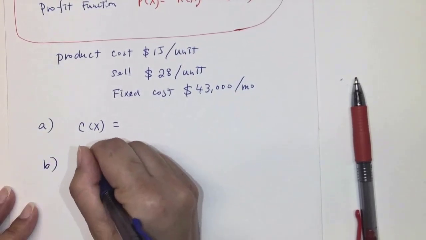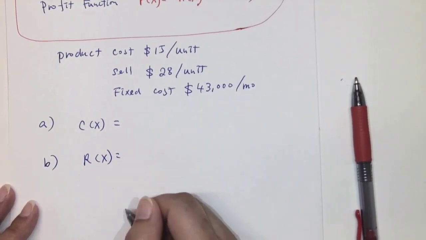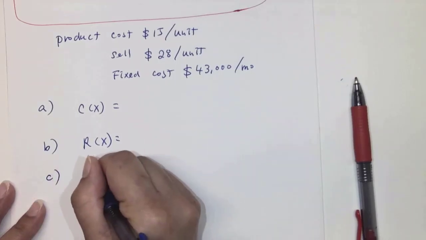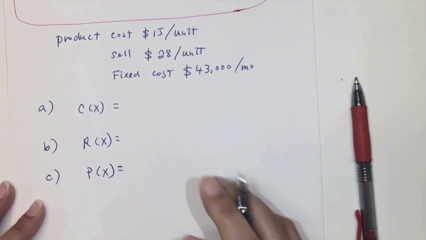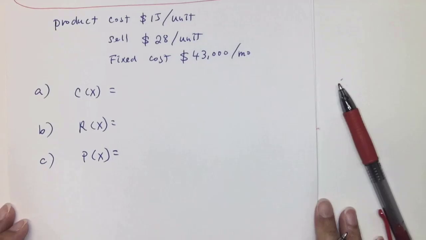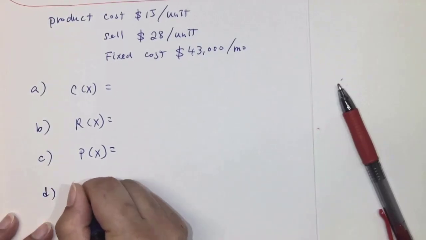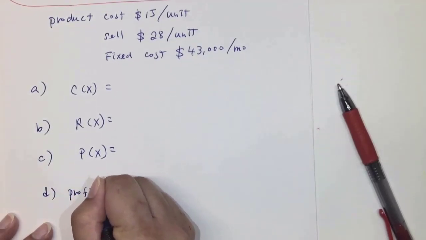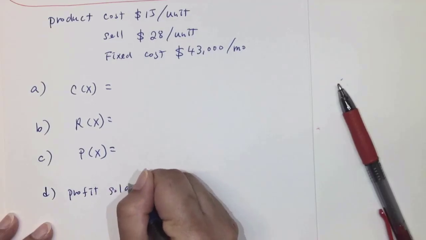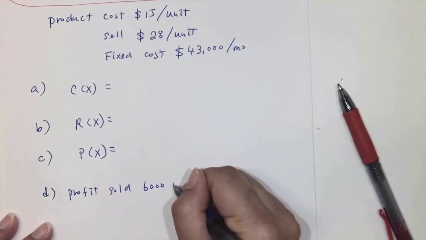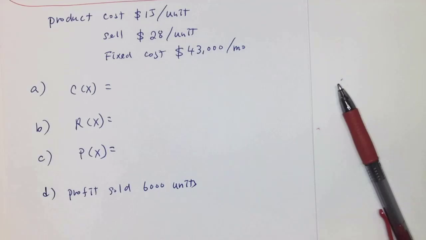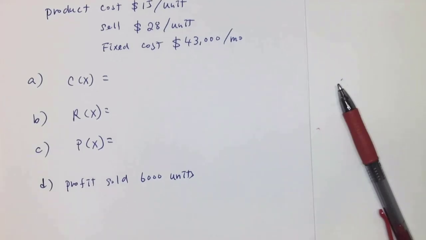Second one, I want to find the revenue function. And then I find the profit function. And after that, I want to know the profit if you sold 6,000 units. Okay, so together with the last part, it is more than 10 points. So the cost, revenue, and profit questions will be more than 10 points all totally.